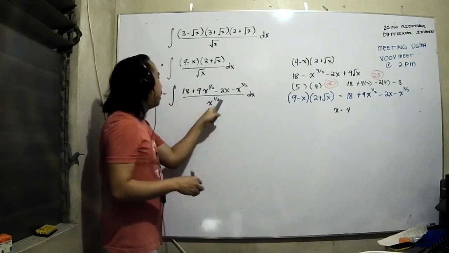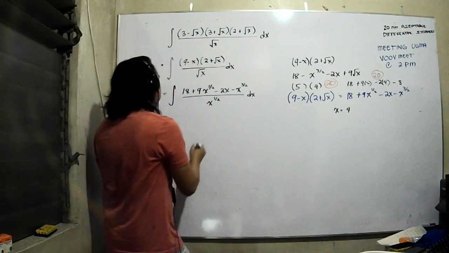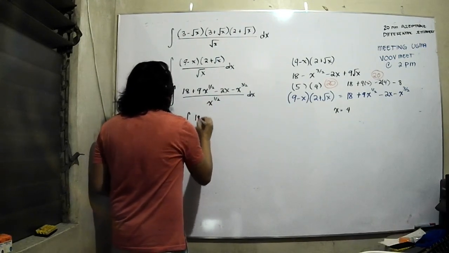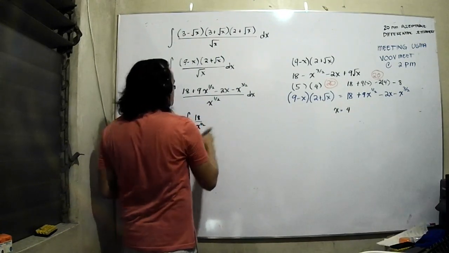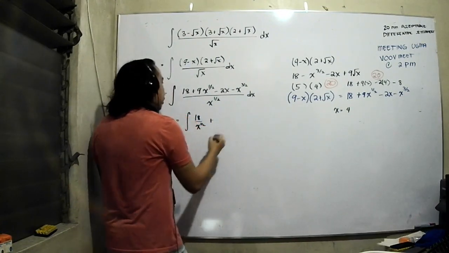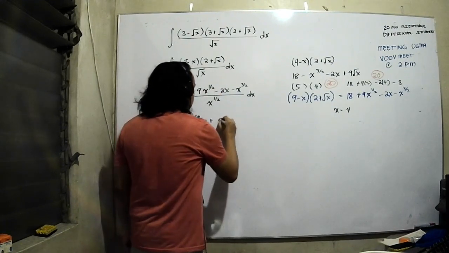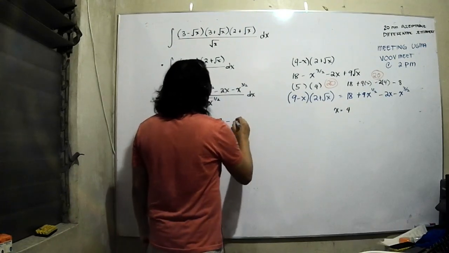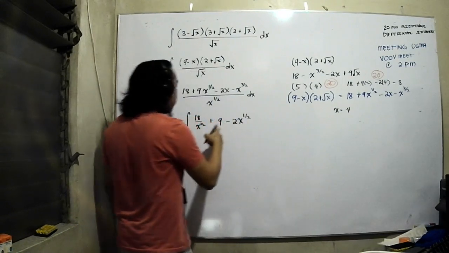So I divide everything by x to the power of 1 half. That should be 18 over x to the power of 1 half, or 18 x to the power of negative 1 half. Then 9 cancels out, so 9 only. Minus 2x to the power of 1 minus 1 half, that should be 2x to the power of 1 half.